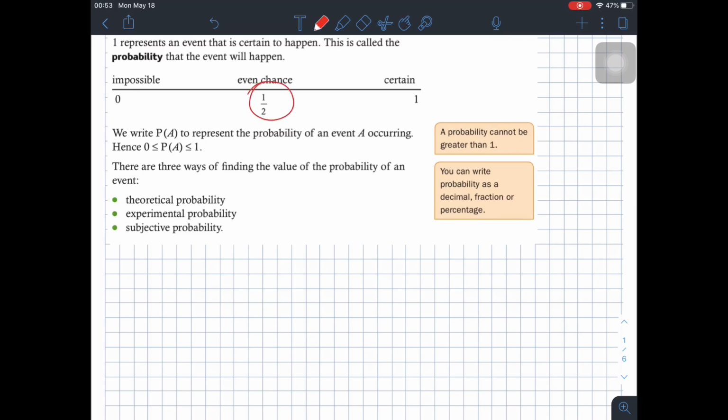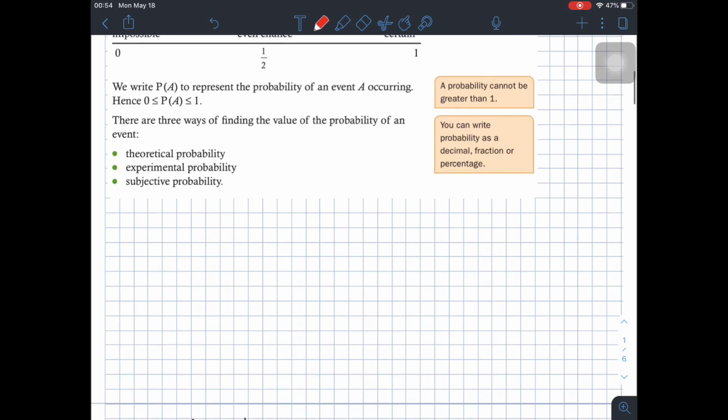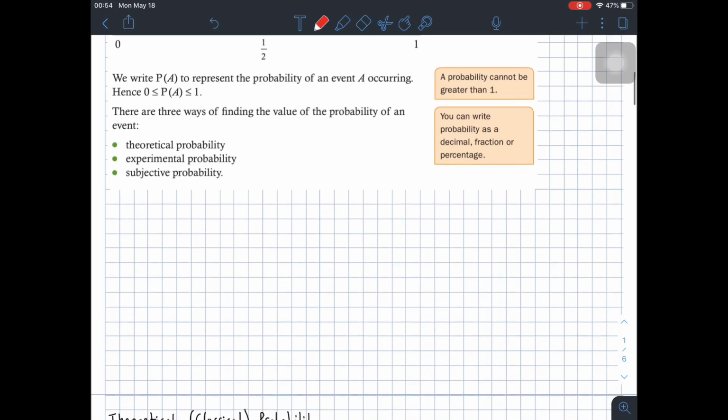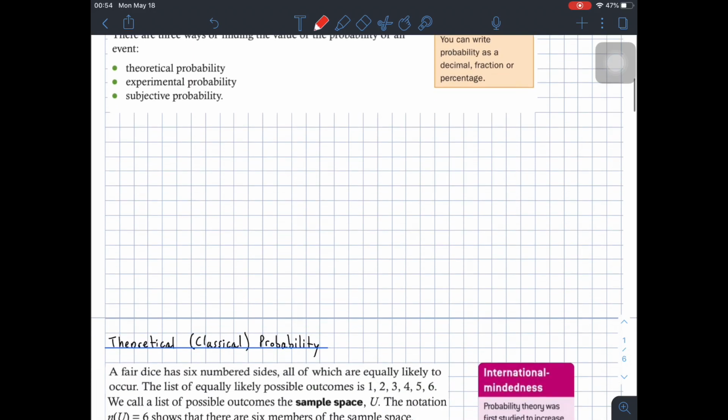We leave our answers in fractions because we're working with fractions, but it depends on you, basically. And it says, there are three ways of finding the value of the probability of an event. The first one is the theoretical probability. Then we have the experimental probability and the subjective probability. We're going to define each of these types of probabilities right now.